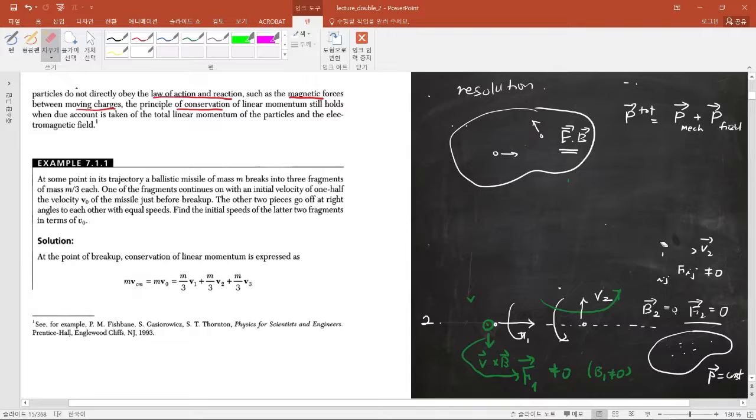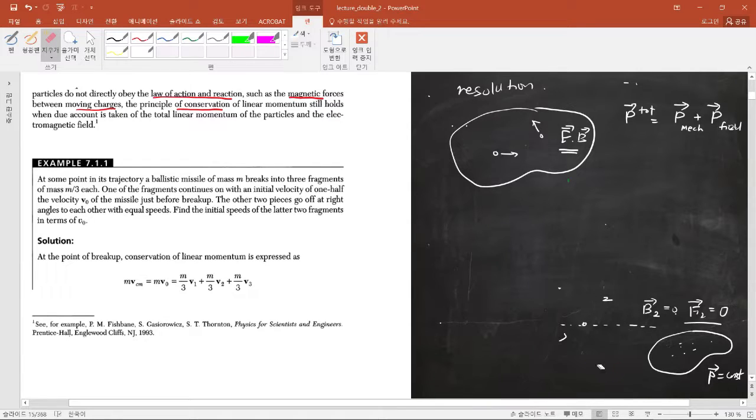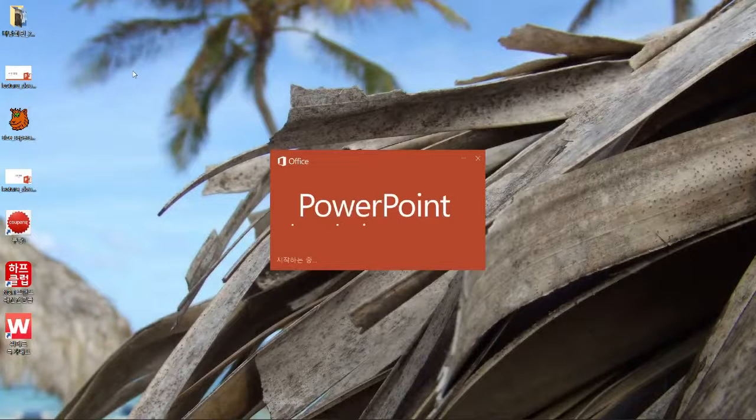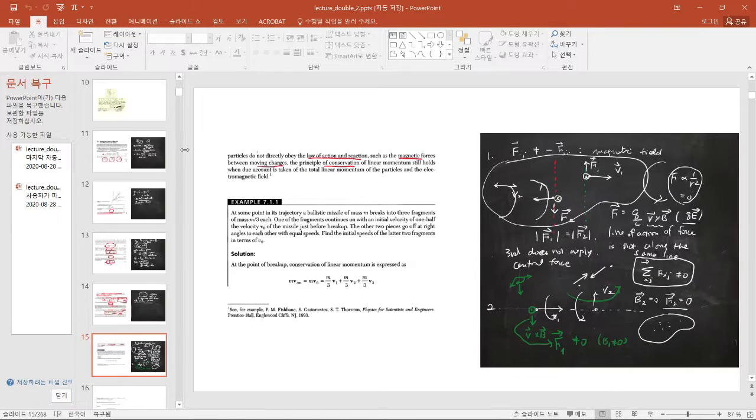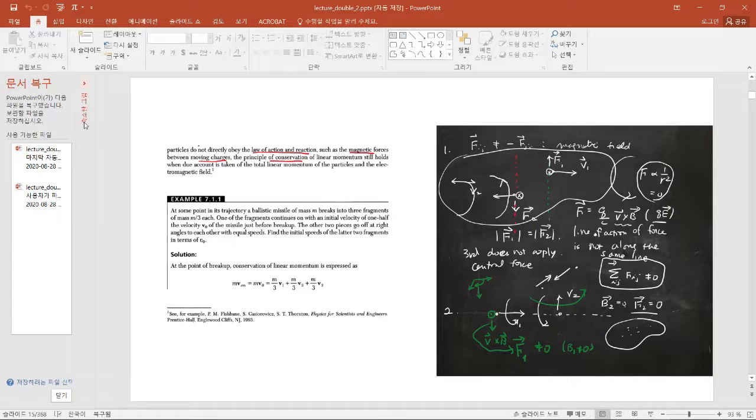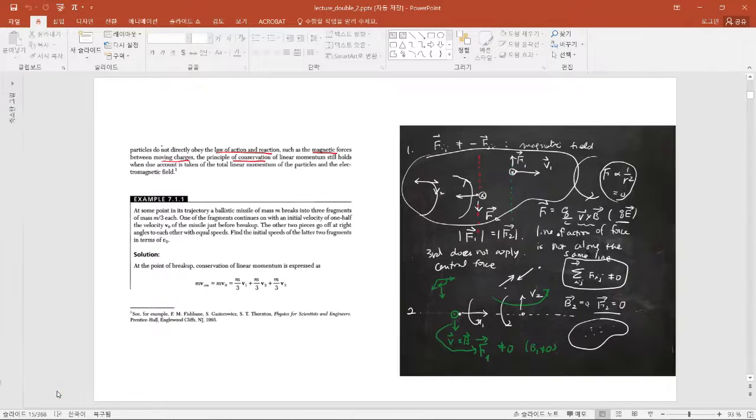Now in electromagnetism you will learn, I'll just briefly give you the result, but the details we will learn in electromagnetism.